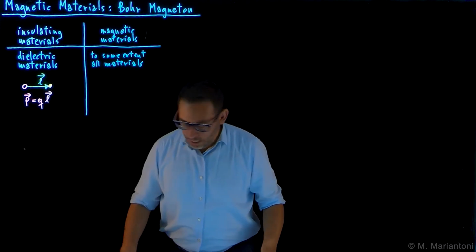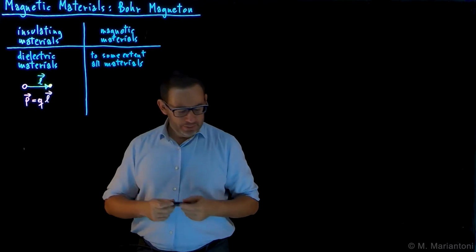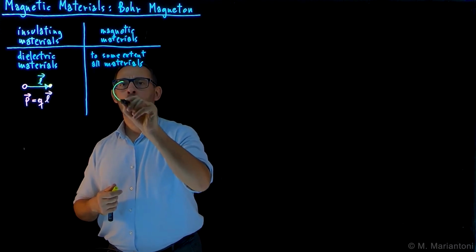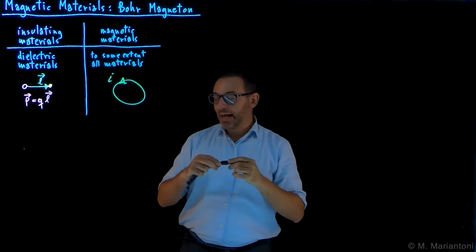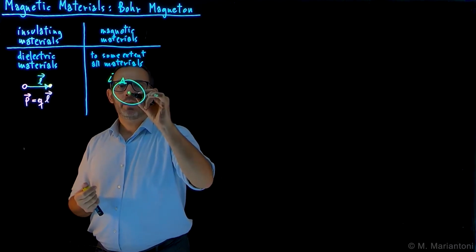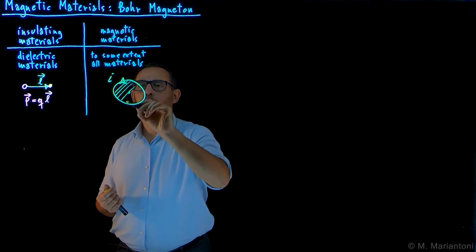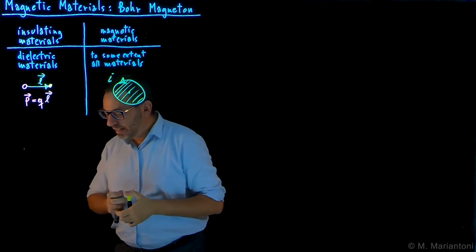Okay. And so how do we show that? In a simple fashion, we basically have a current I associated with these electrons which are moving around the protons, which are somewhere here in the center. There is an area associated with this simple planetary model of an atom inside any material.